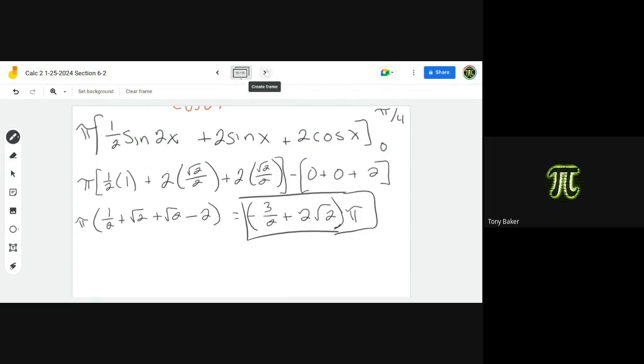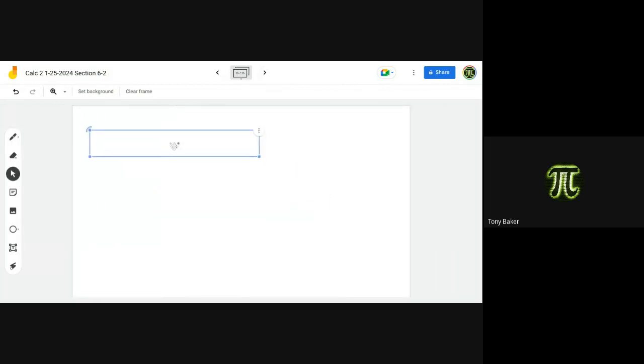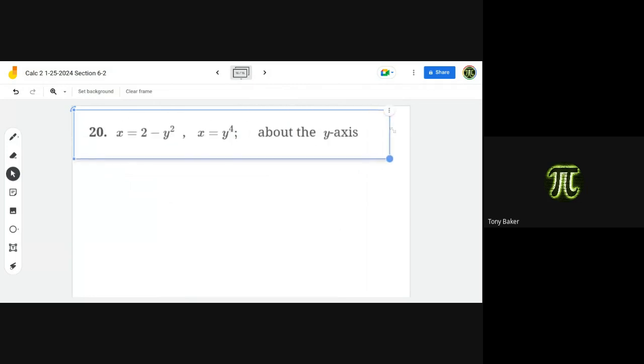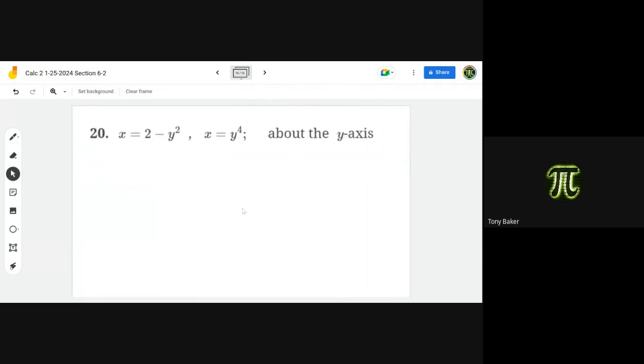I have mine set. All right, try this one. I made this one. This one's going to the y-axis, so you're not going to have to do plus or minus numbers, to make your life a little bit easier.